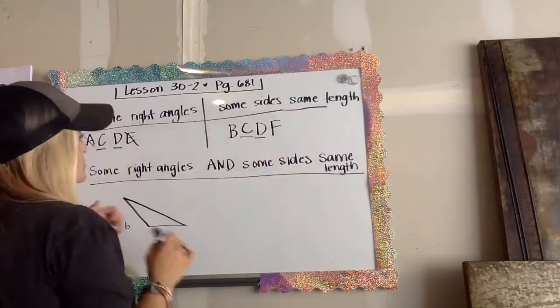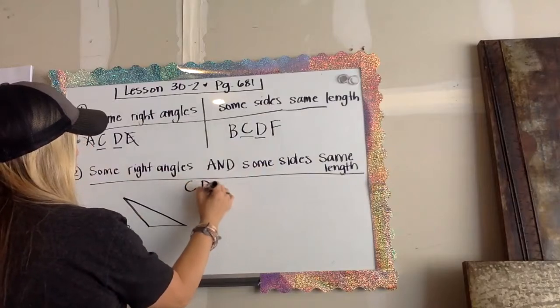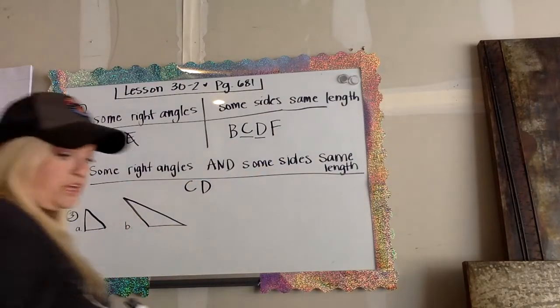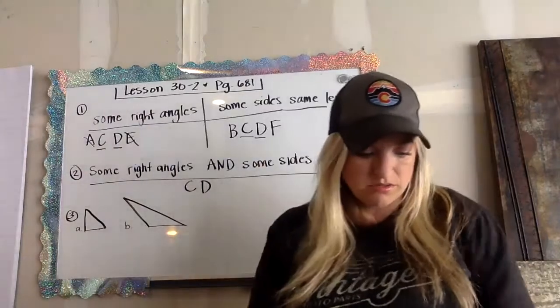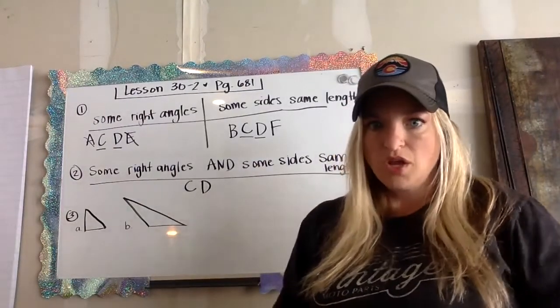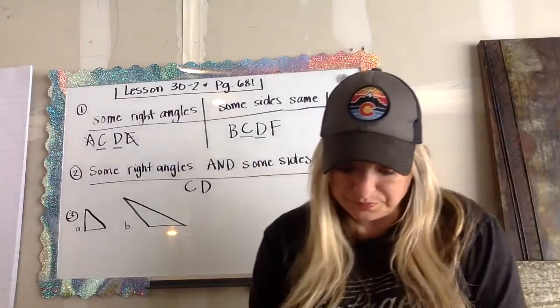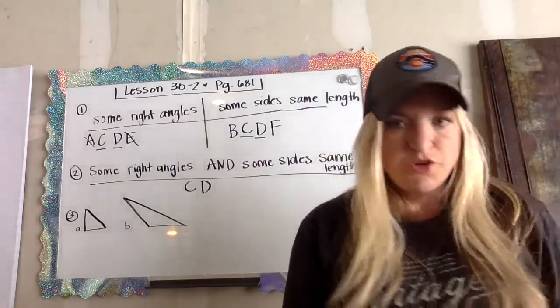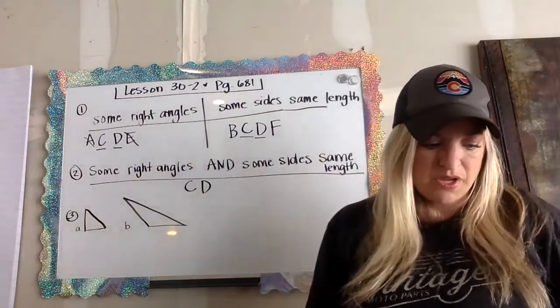No. So the only shapes that have some right angles and some sides that are the same length are shapes C and D. They're not all triangles.